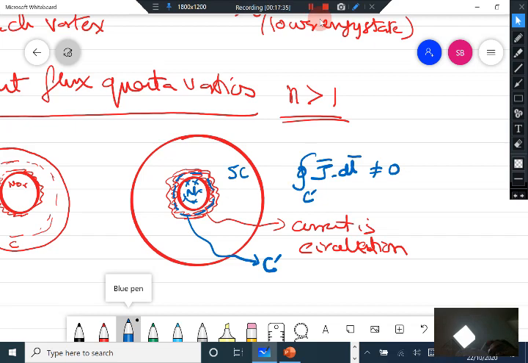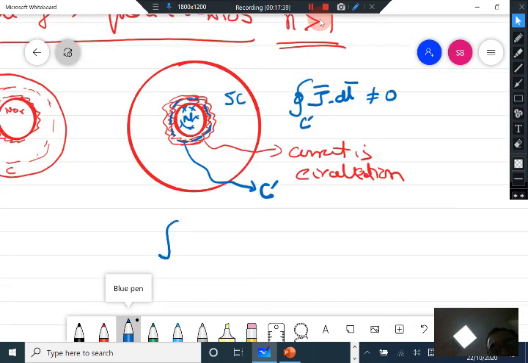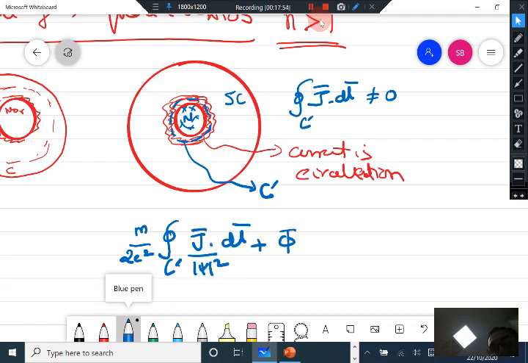Then you would have to consider the contribution: integral over C prime of m by 2e square J bar dot dl bar divided by mod psi square, plus phi, is equal to n phi naught. Then this term is no longer zero; it is non-zero.